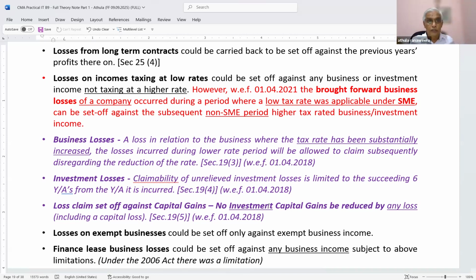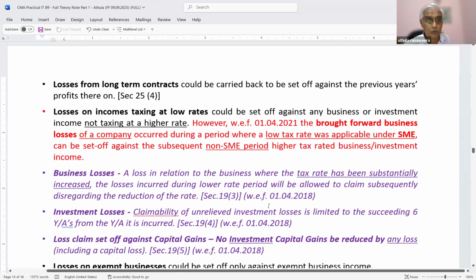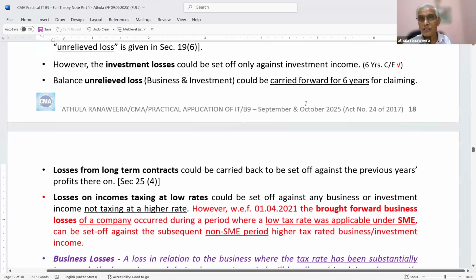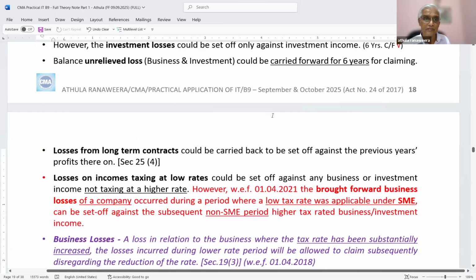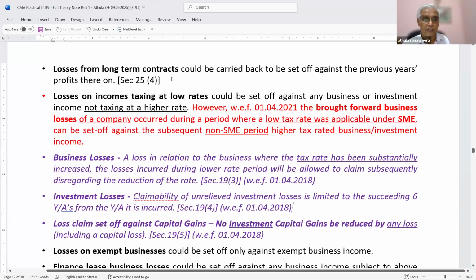Right. Then, as I mentioned earlier also, losses on long-term contracts, you can go back and claim it. You can go backward. This is a repeat thing I have given here also because it is relevant to losses.